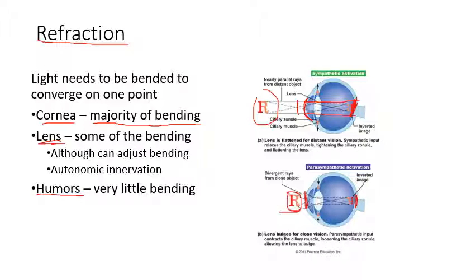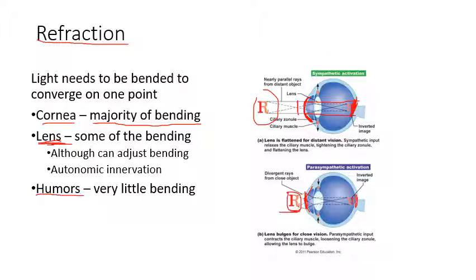Because what you see with the cornea does not change shape. So as a lens, it is not going to adjust how it is arranged; it's going to bend how it bends because it doesn't change shape. The way we are able to change the amount of bending of the light is going to be through the lens.